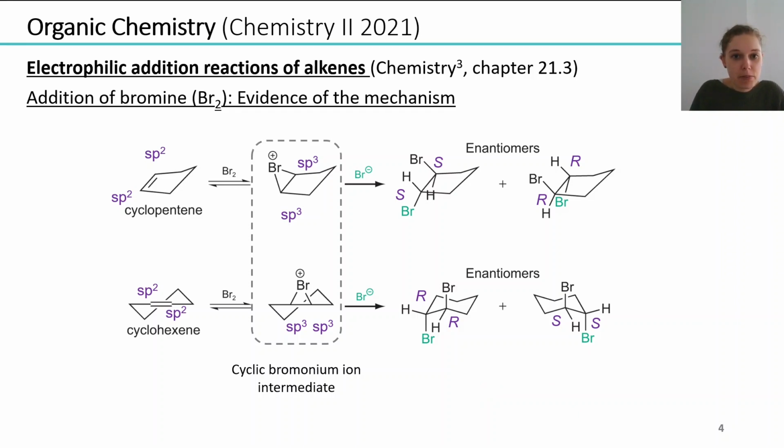And very important here is that we recognize, for example here or here, that the bromine atoms are always either both axial or both equatorial, but never one axial and one equatorial. And this is then the proof for the so-called anti-addition.